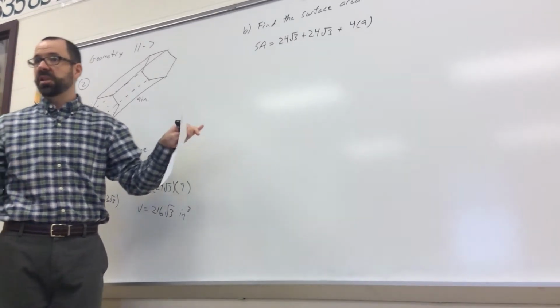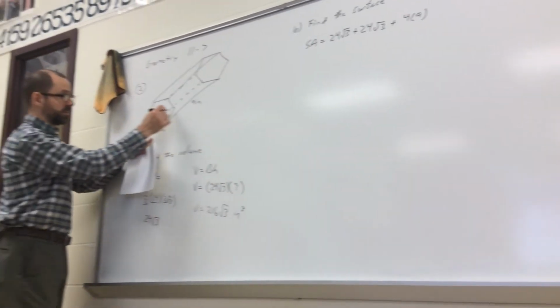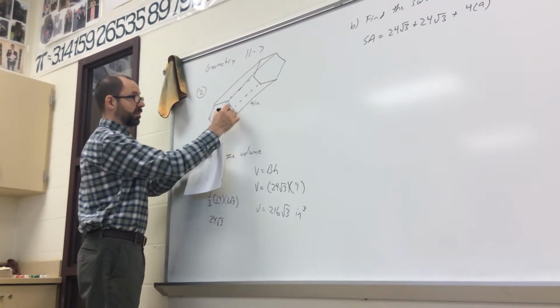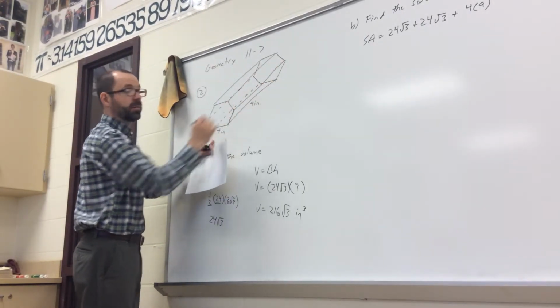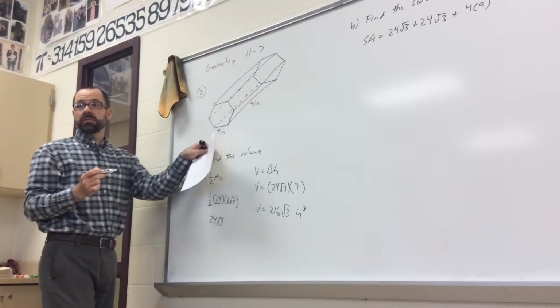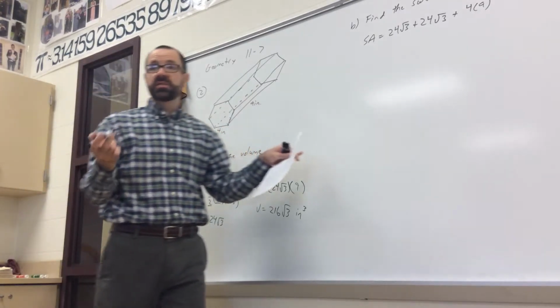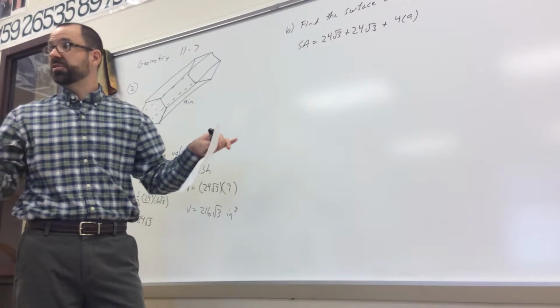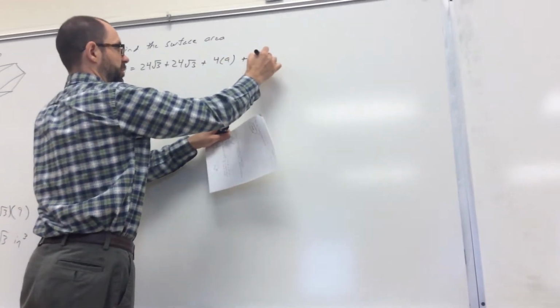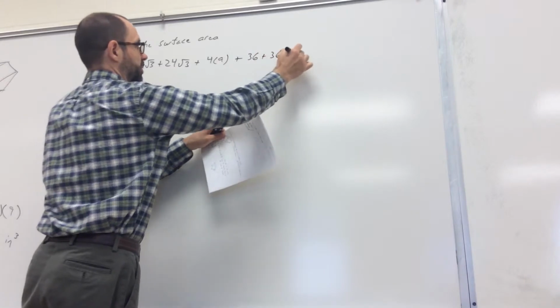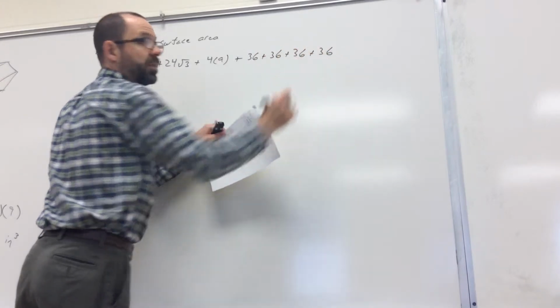And the other ones are all the same, right? Because this is 4. So that rectangle is 4 by 9. So we just have to add up 6 36s for the 6 rectangles. So there's one of them, 2, 3, 4, 5.